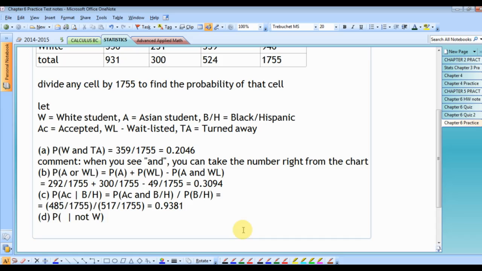No, waitlisted. They said waitlisted or turned away. So then it is not accepted. So waitlisted or turned away, given that they're not white. All right, let's stick with the formula.